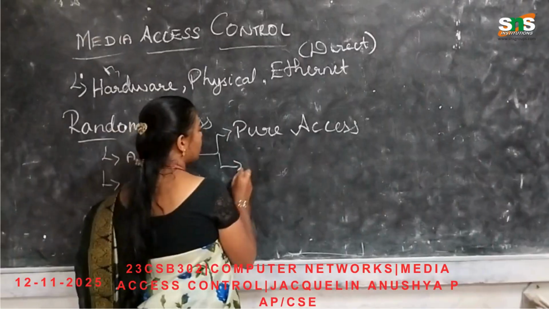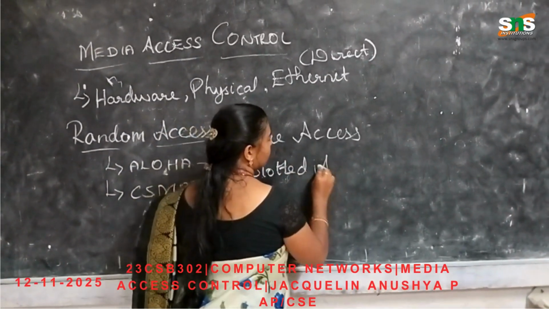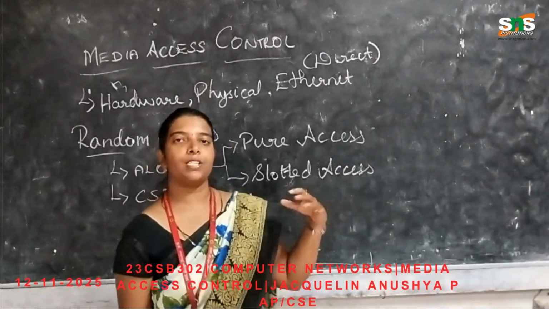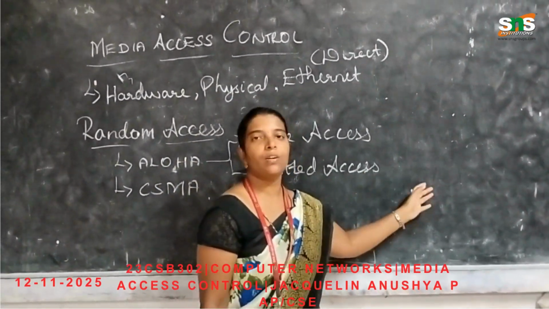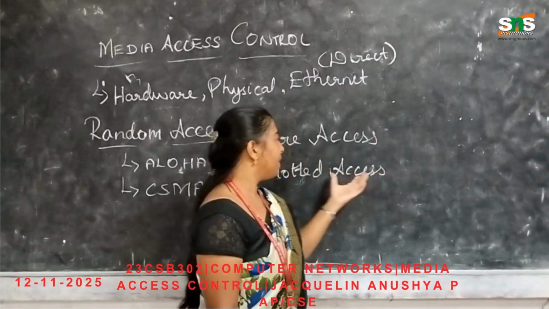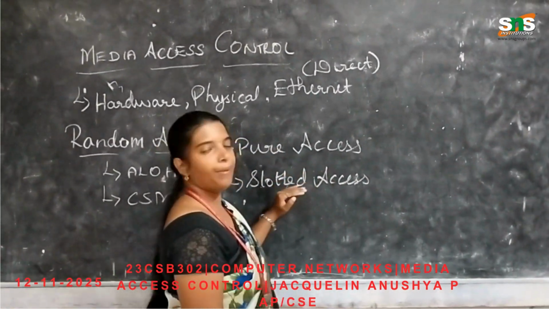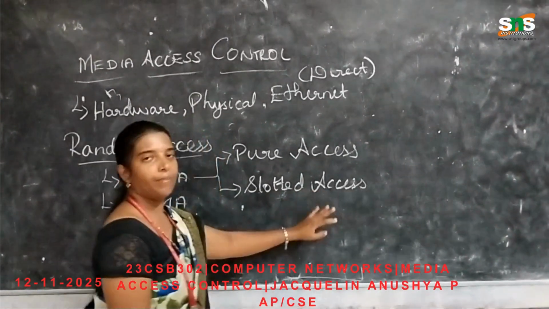Next is slotted access. In slotted access, while messages are transferred from the sender to the receiver side, it takes a break from one end to another. Having a break in between is known as slotted access.